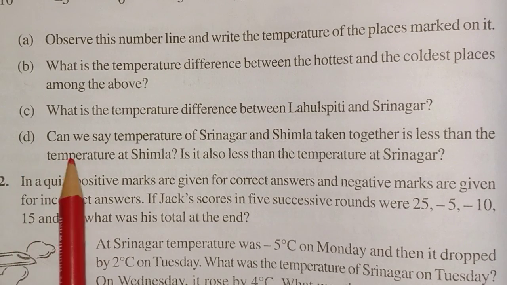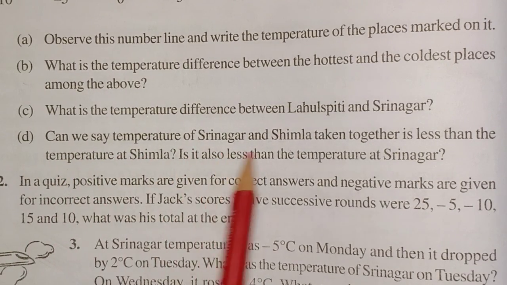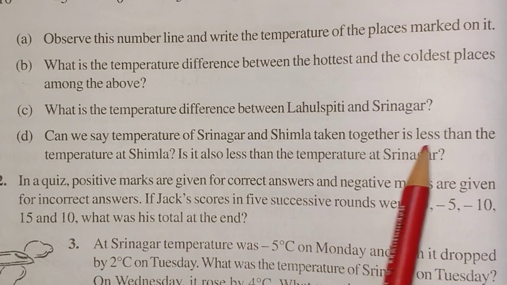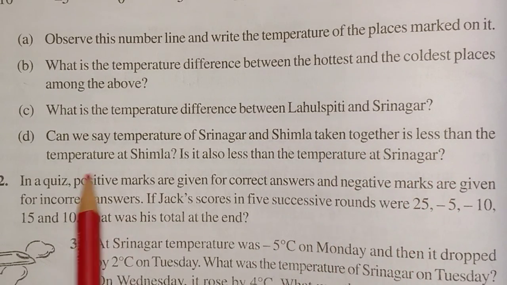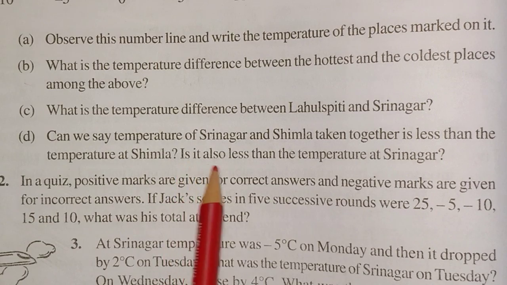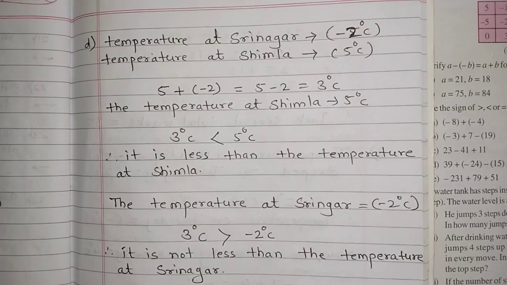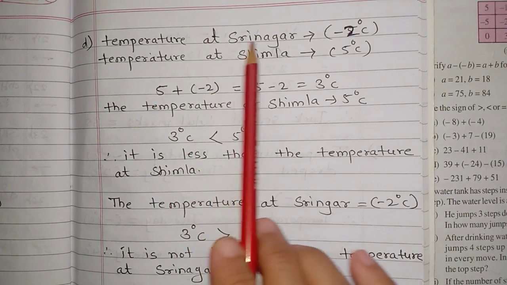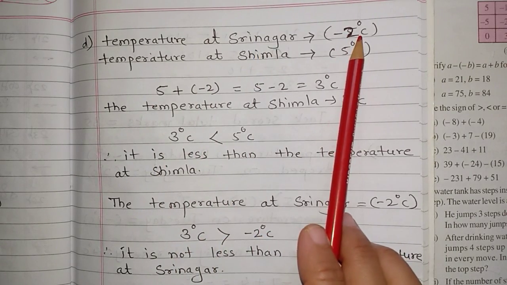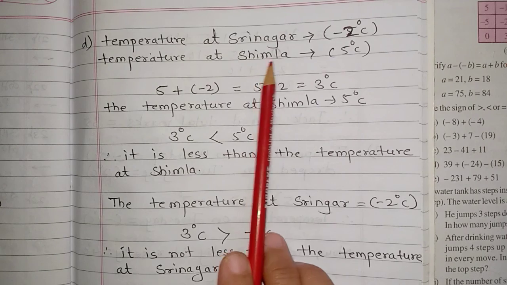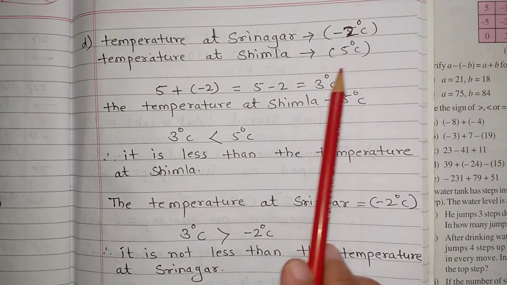Question number D. Can we say the temperature of Srinagar and Shimla taken together is less than the temperature at Shimla? Is it also less than the temperature at Srinagar? Let's solve this. The temperature at Srinagar is minus 2 degrees centigrade. The temperature at Shimla is 5 degrees centigrade.